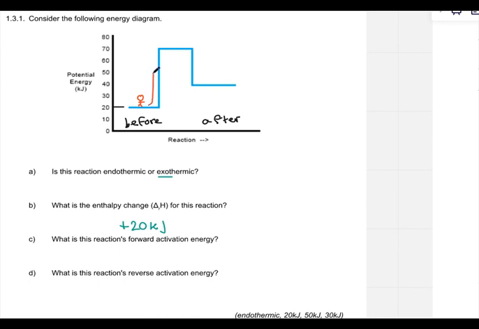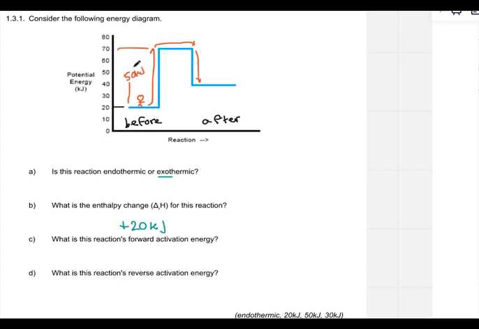How high of a climb would you have to make to get over this bump? You're starting at 20 kilojoules. The top of this hill is 70 kilojoules. So from 20 to 70 is a climb of 50 kilojoules.